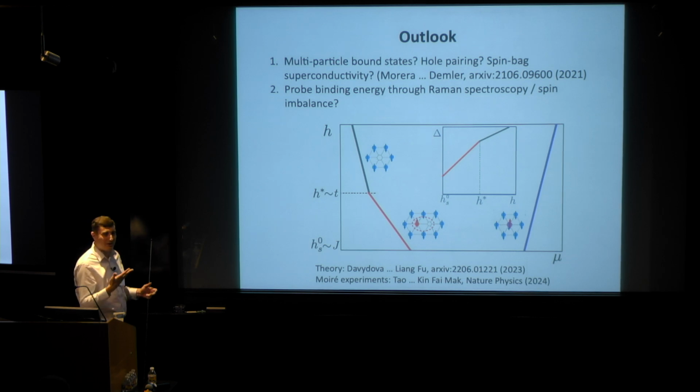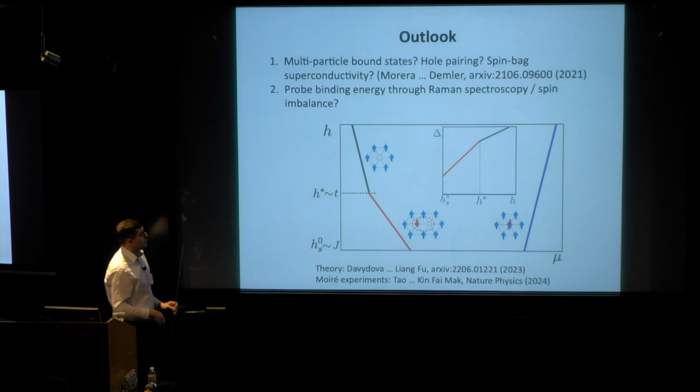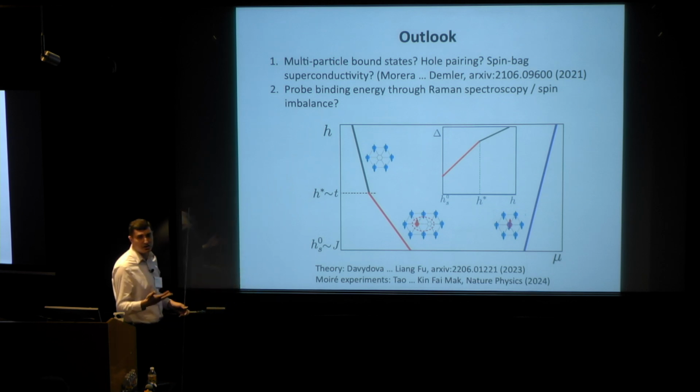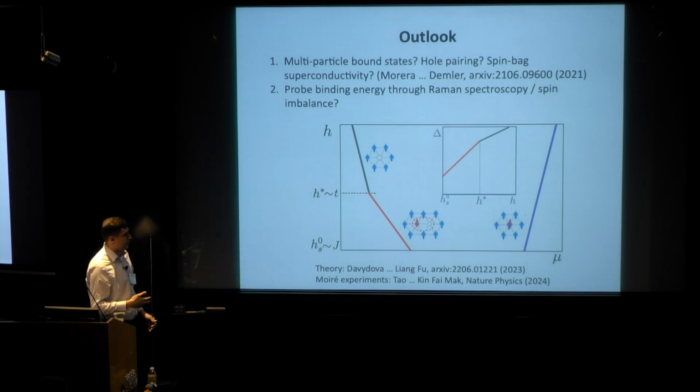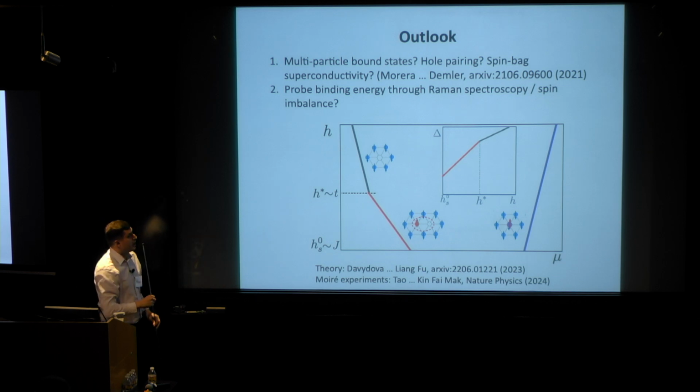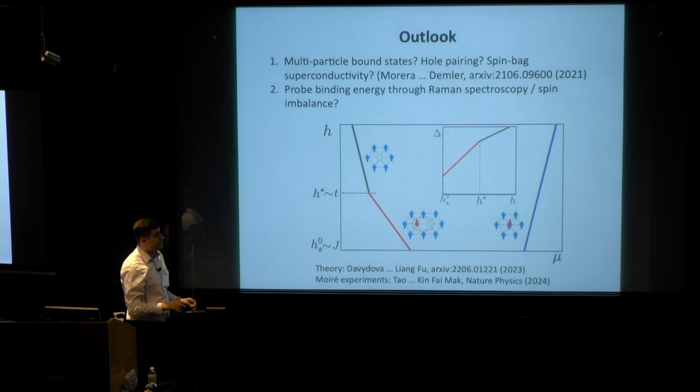If you want a quasi-particle, you want to do spectroscopy. One suggestion, and how people have seen this in condensed matter systems, is looking at the binding energy of the polarons by applying a magnetic field to break apart the polaron, which has these anti-aligned spins. You apply a large enough field, and you can break up the polaron and measure its binding energy. That's something you can do in a cold atom system with spin imbalance.